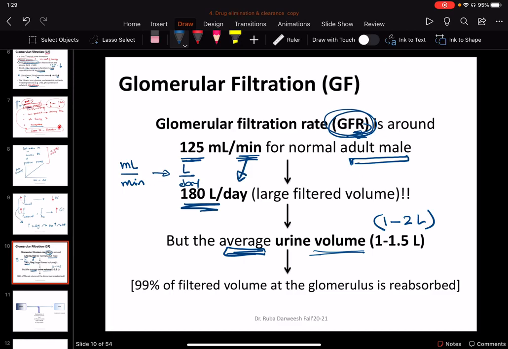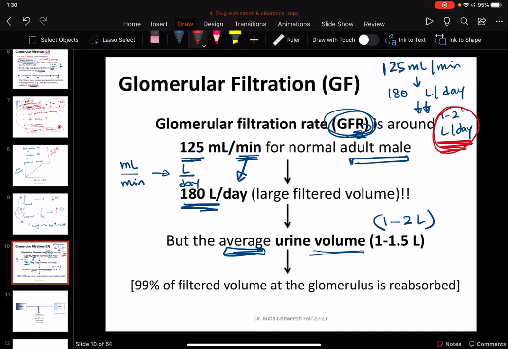Again, this is 125 milliliter per minute, which is 180 liter per day. But we end up with 1 to 2 liter per day. And by the way, 1 to 2 liter per day is similar to the average fluid or water intake, which is 1 to 2 liter per day. If you see what the percentage of 1 to 2 is of 180 liter per day, you will find it's only 1%.